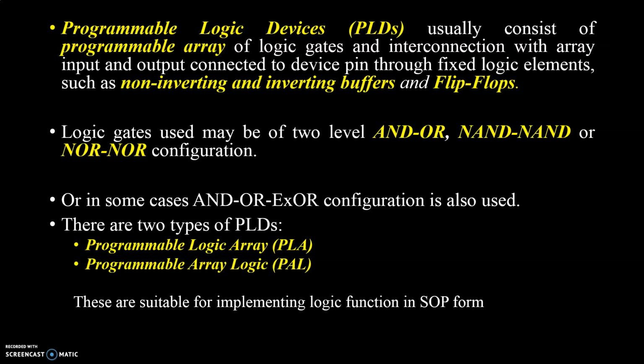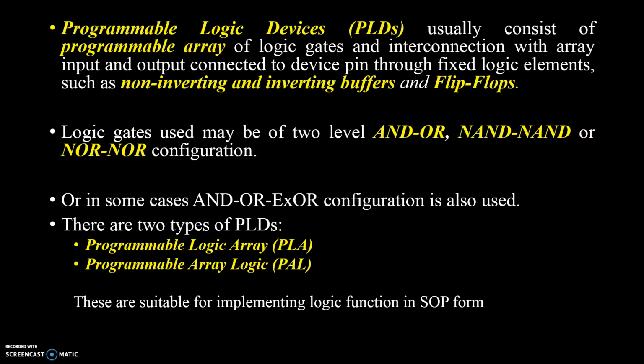Programmable logic devices usually consist of programmable arrays of logic gates and interconnections, with array input and output connected to device pins through fixed logic elements such as non-inverting and inverting buffers and flip-flops.